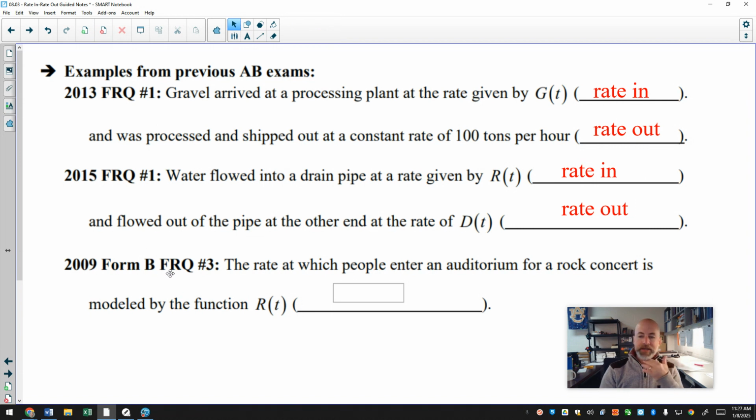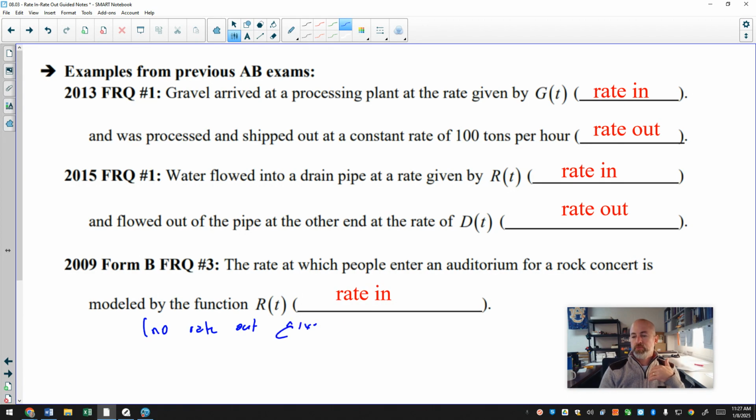And then 2009, this is a while ago, this is FRQ number 3, and we had a situation where people were entering an arena or an auditorium for a rock concert, and they said that the rate that the people entered for the rock concert was modeled by R of T, and that would be your rate in. For this 2009 problem, there was no rate out provided.